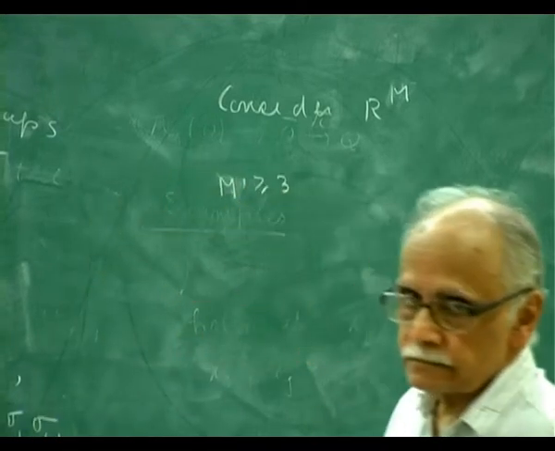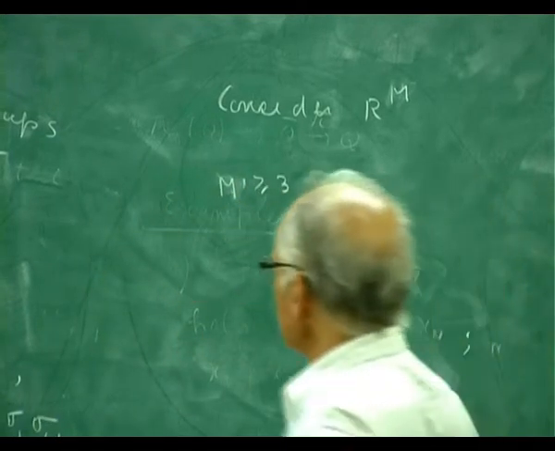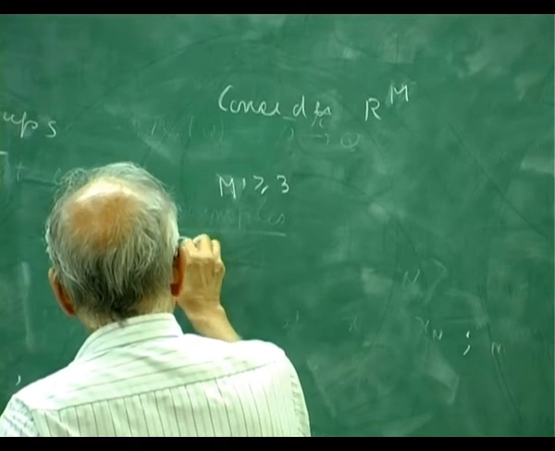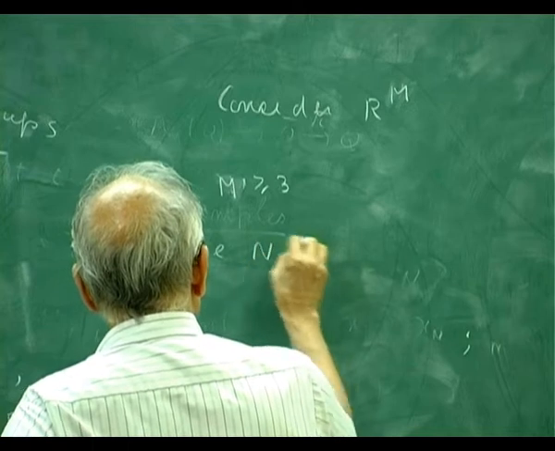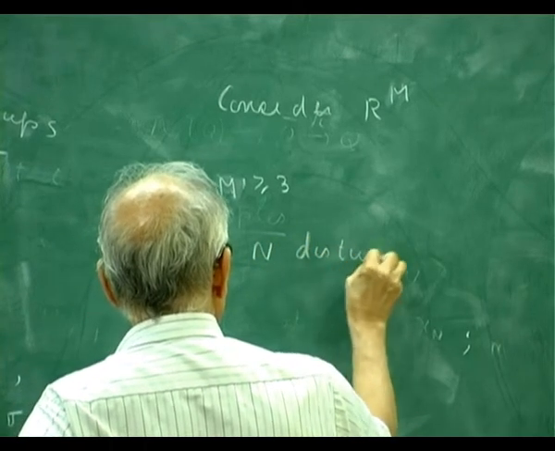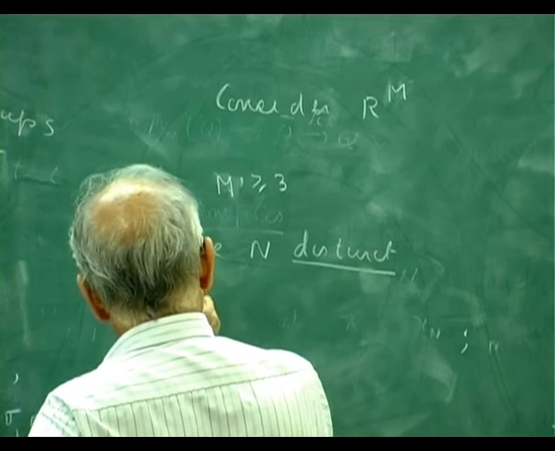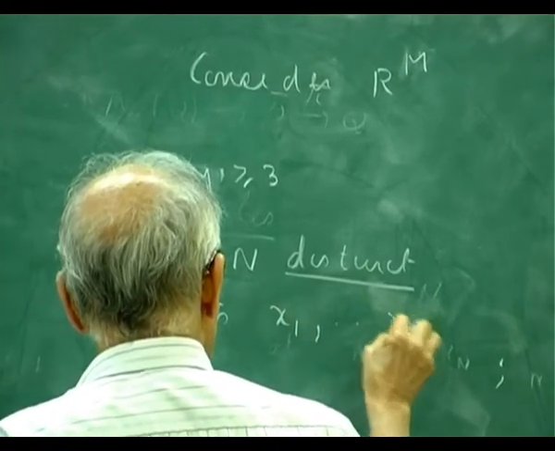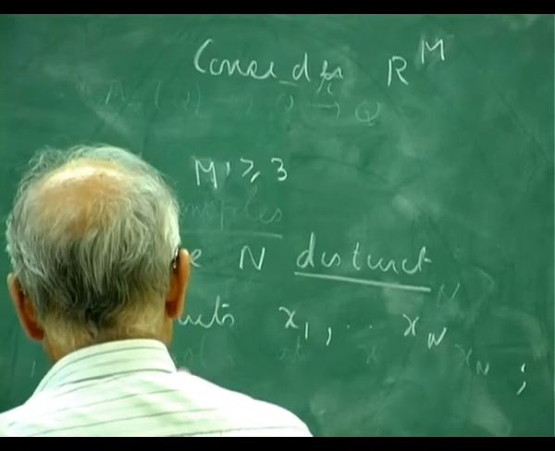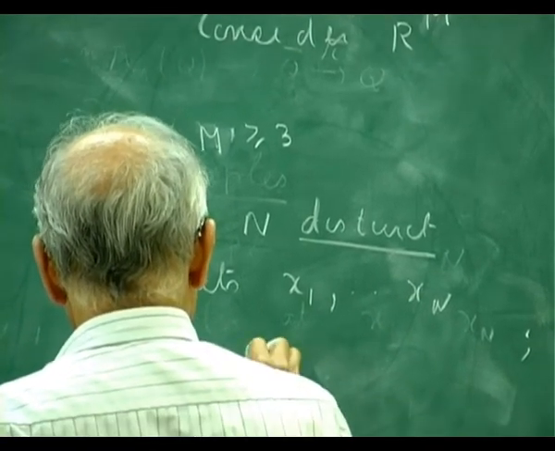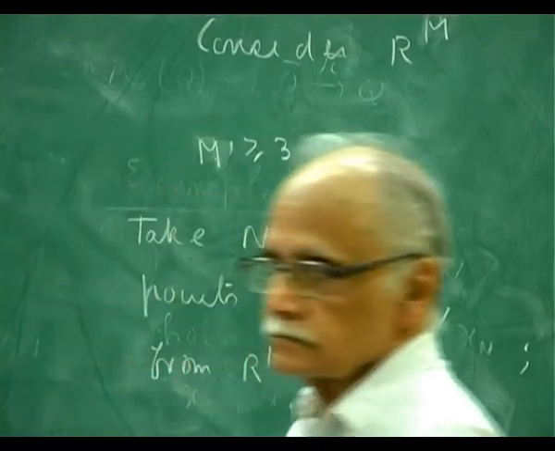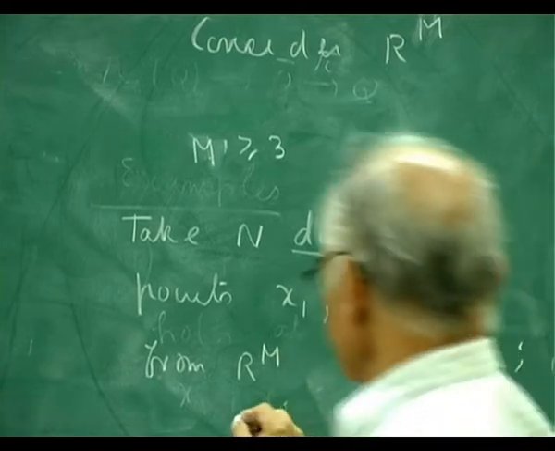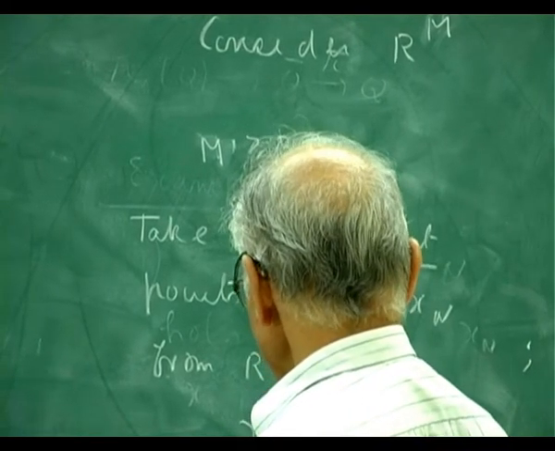Take n distinct points x1 up to xn from Rm. Okay. They are different. So xi is not equal to xj.